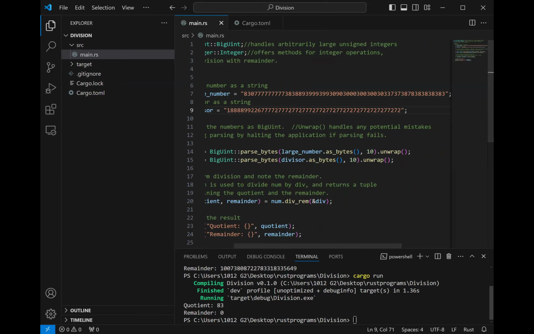Okay, let's run and see what happens. It has gone through, and there's a remainder. The remainder is also very huge, but in whichever case, it must be smaller than the divisor. Now, let's look at something else, unless somebody has a question.